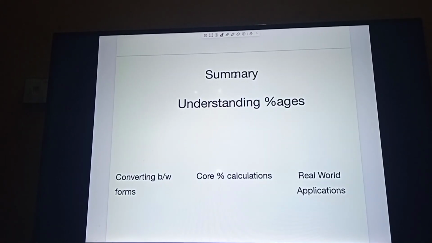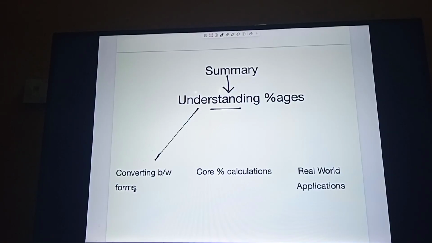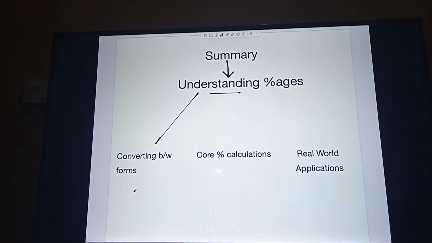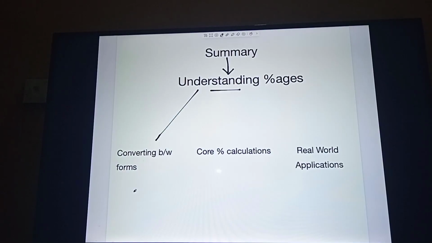Okay. Let's summarize the whole lecture. So we learned about percentages. We learned what percentage means. Then we learned converting between forms, that is how to convert percentage to decimal, decimal to percentage, percentage to fraction, and fraction to percentage.